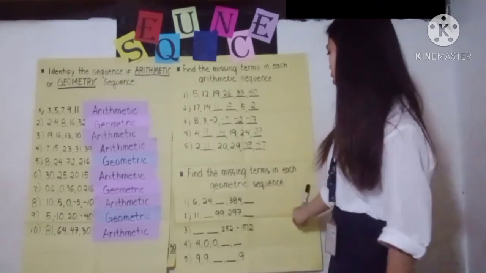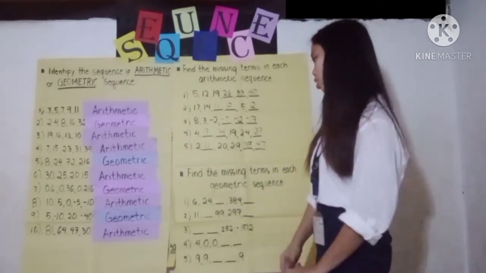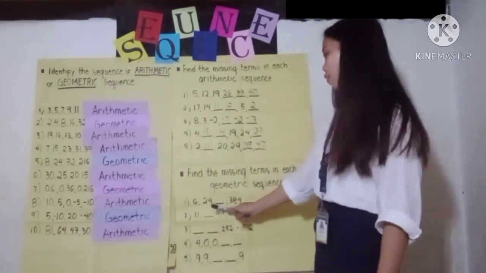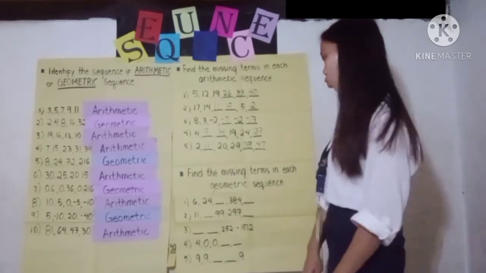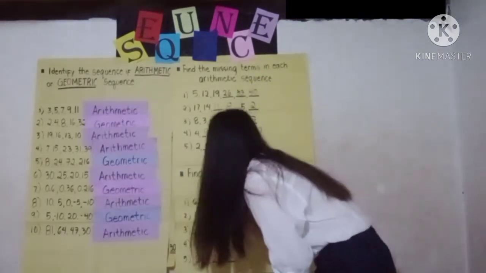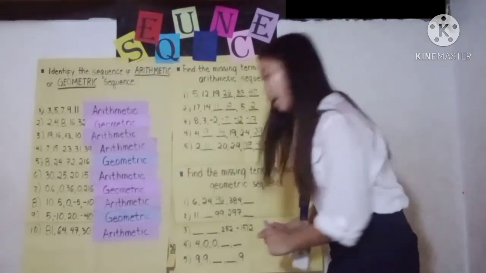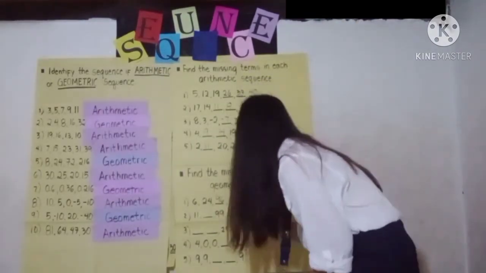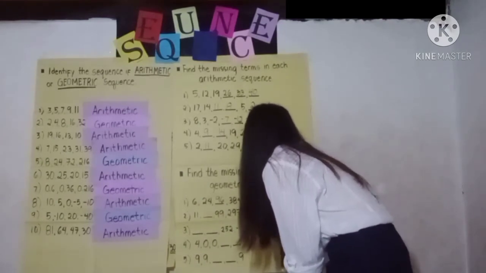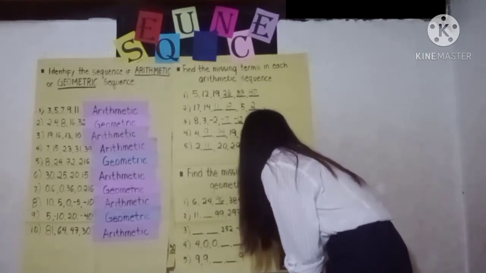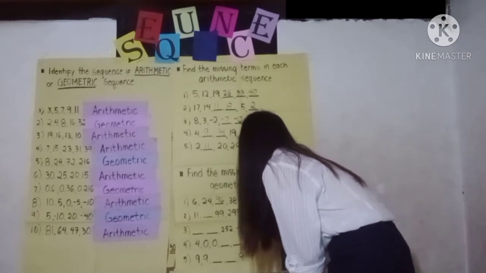And find the missing term in each geometric sequence. Number 1, 6 and 24, the common ratio is 4, so it's 96. And then 384 times 4 is 1,536.